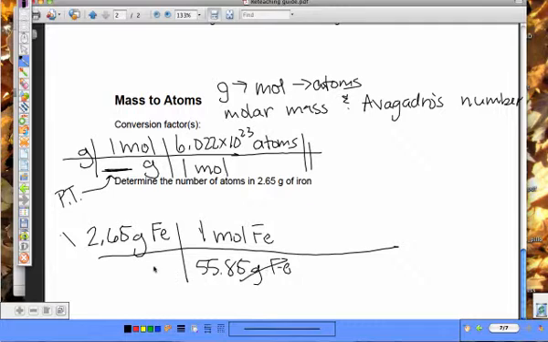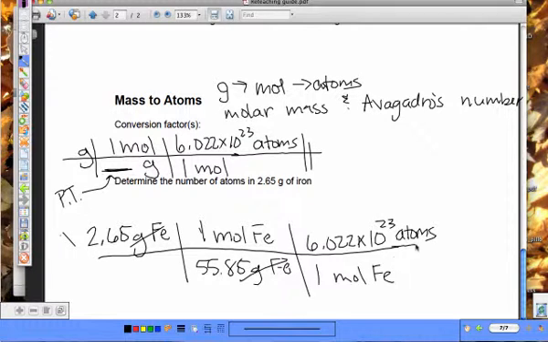So now our grams canceled out, and our moles cancel out.